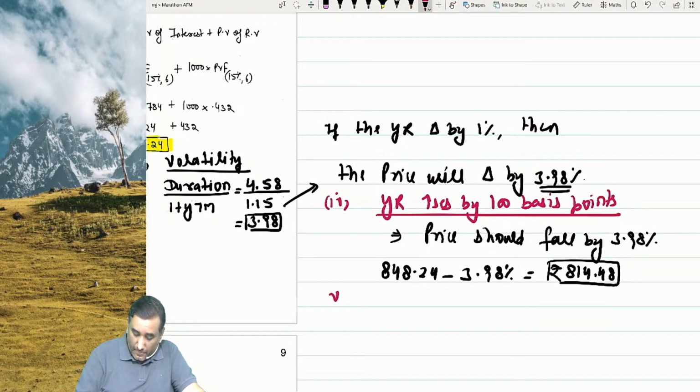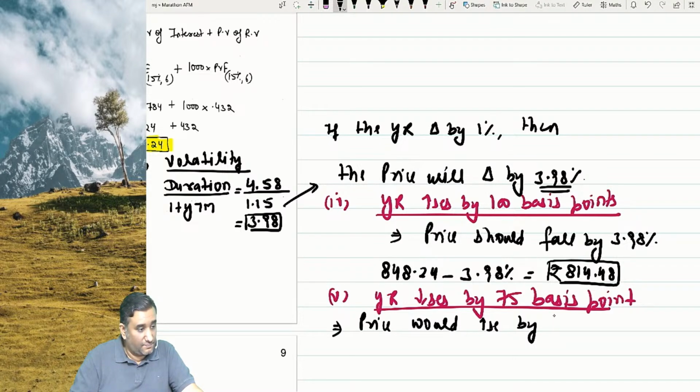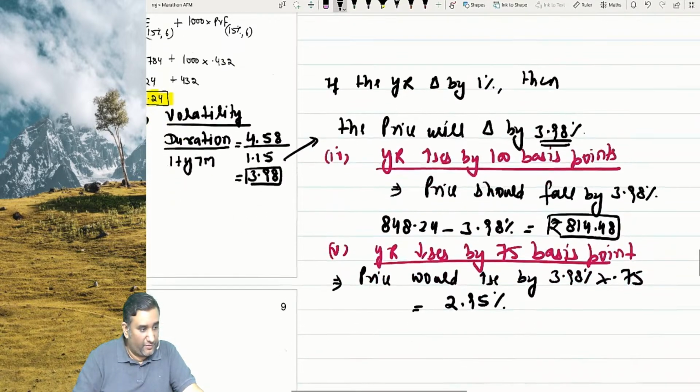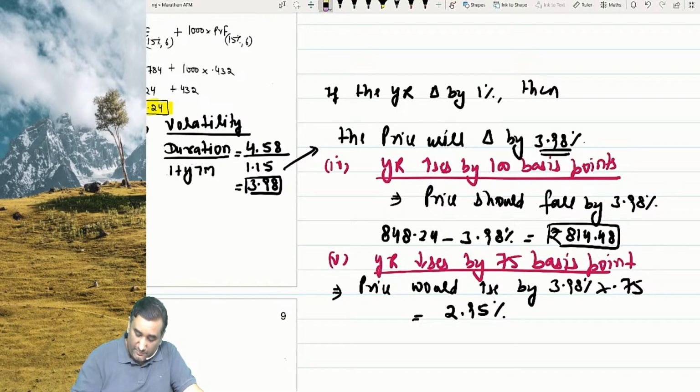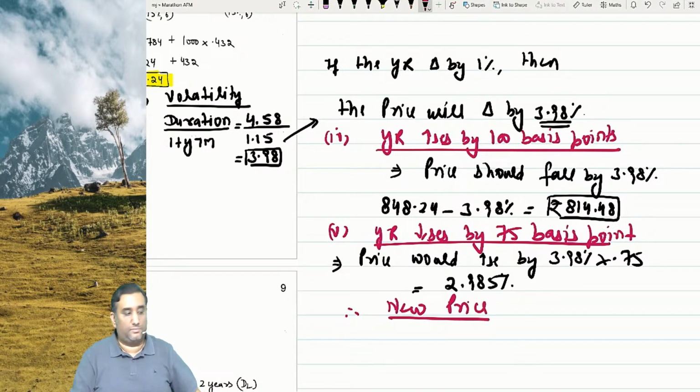Fifth part, he is asking what? Yield rate decreases by how much? 75 basis points. 100 basis points is 1%, so 0.75% implies price will increase by 2.985%. The new price is 848.24 plus 2.985%.